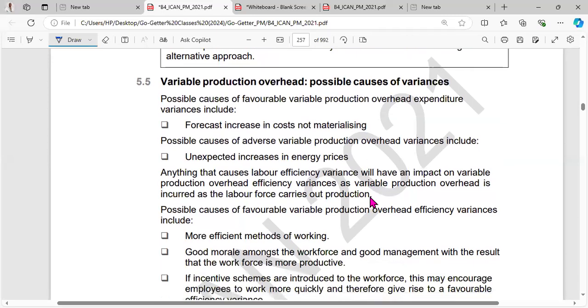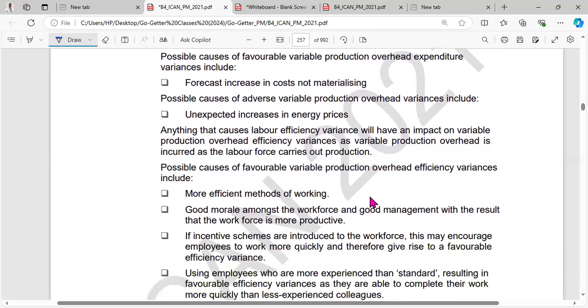What about efficiency? Efficient method. Anything that is affecting efficiency variance of direct labor is also going to affect variable overhead.